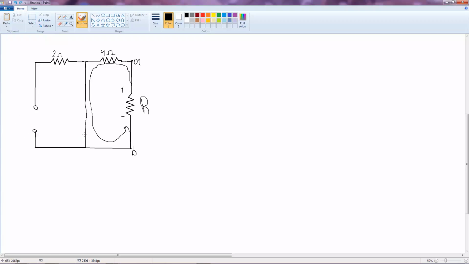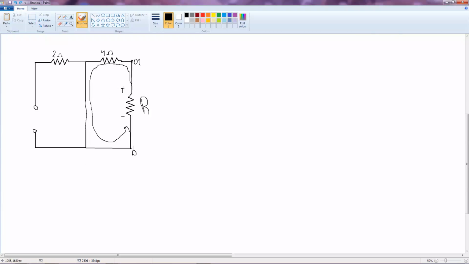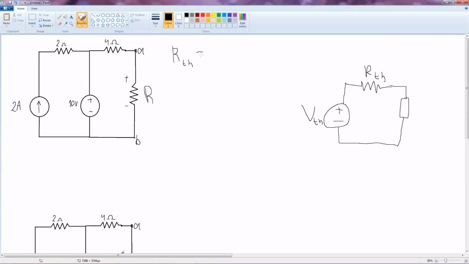It can't. So R Thevenin in this case will be 4 ohms, because this is the only thing the current has along the way.